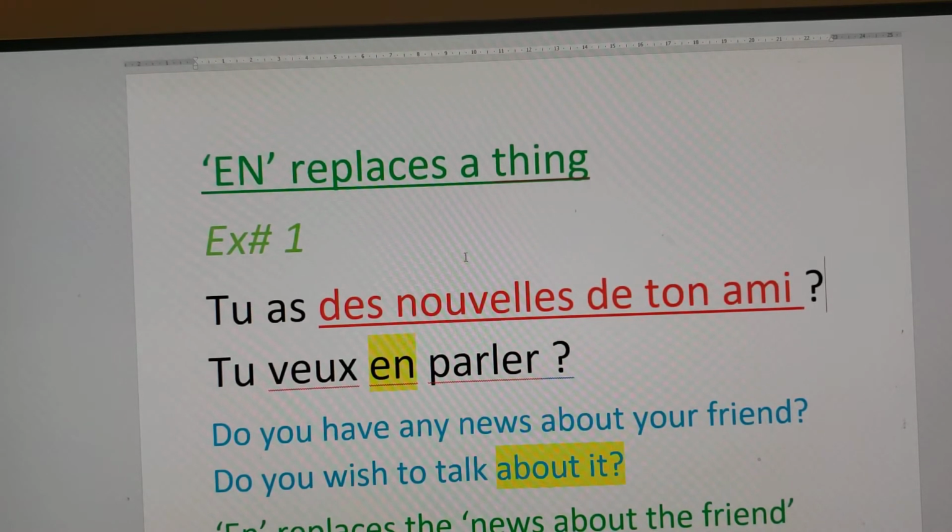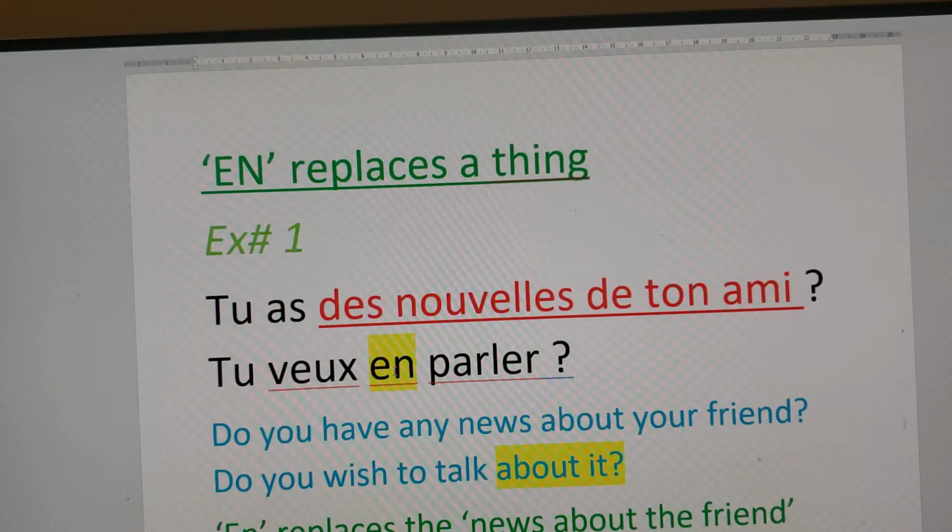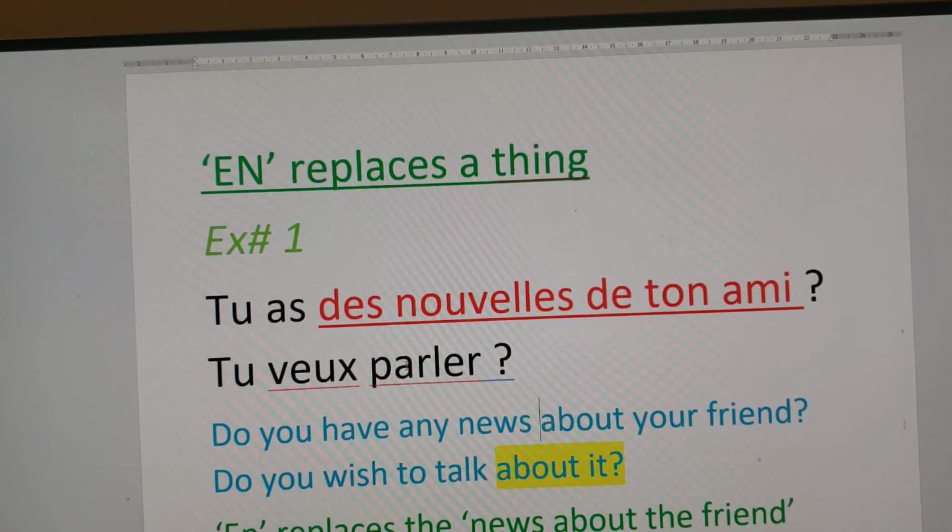All right, now let's go to the next part, which is more important. Tu veux en parler? So why do we use this word en over here? So if I just say tu veux parler, is you want to talk, but here I want to specify, do you want or wish to talk or speak about the news of your friend?